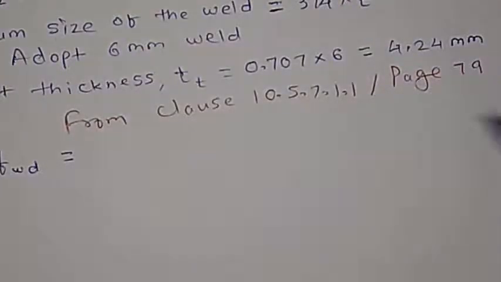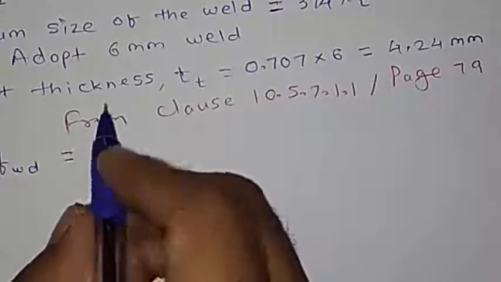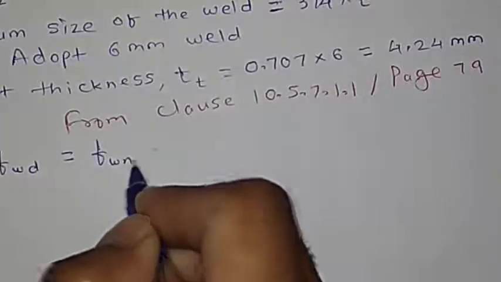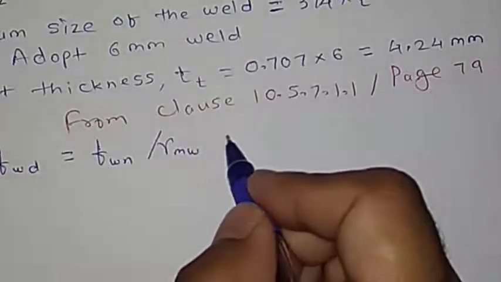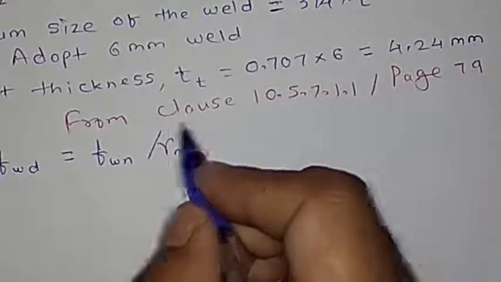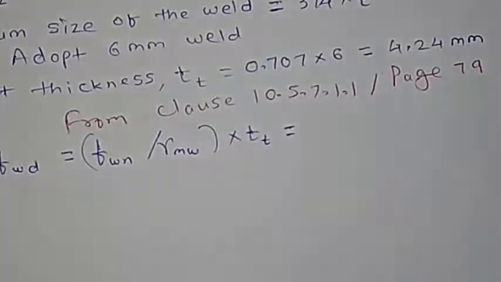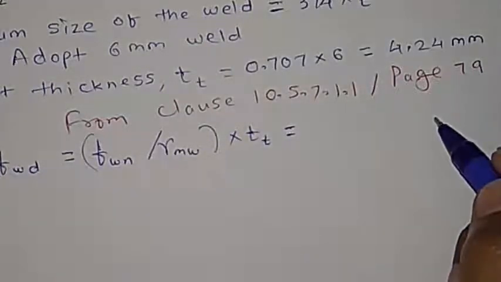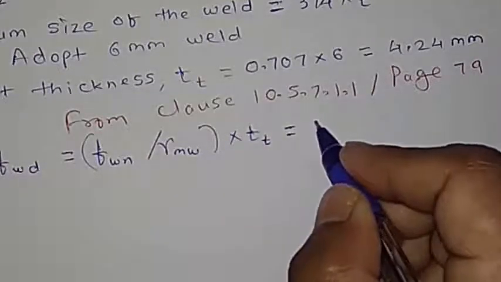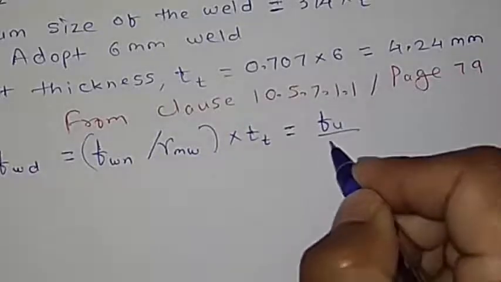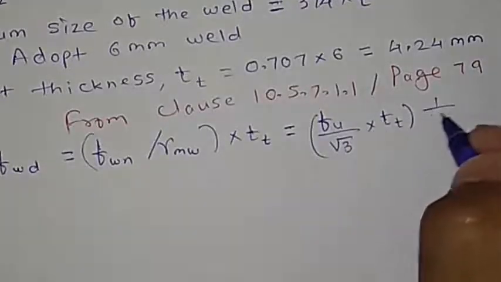So we can write this down, which equals FWN divided by gamma MW, and this is to be multiplied by the throat thickness. So if we multiply by the throat thickness, FWN is FU by root 3 into TT, and this is 1 by gamma MW.